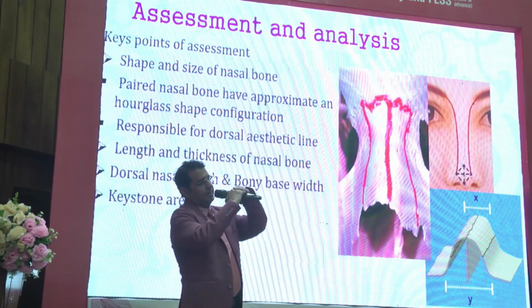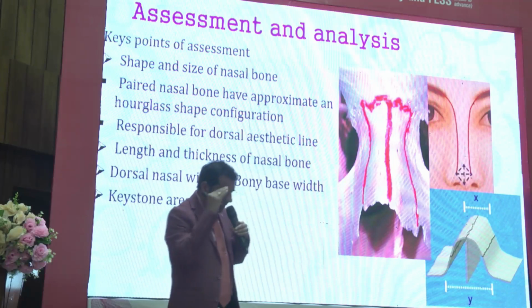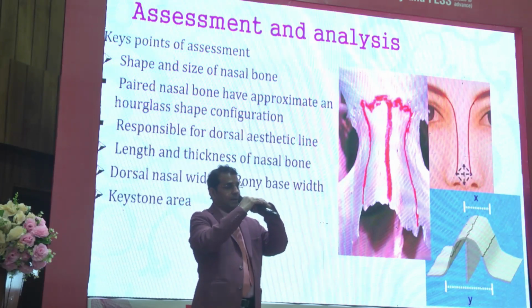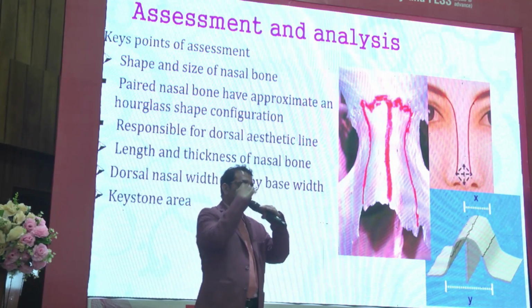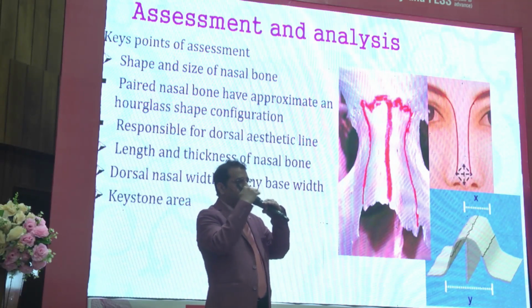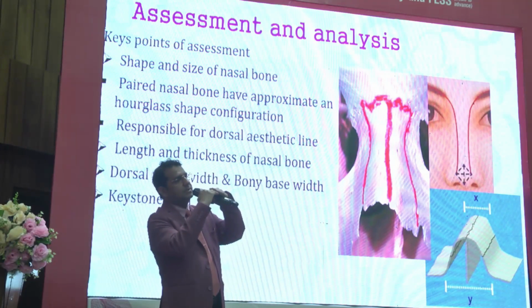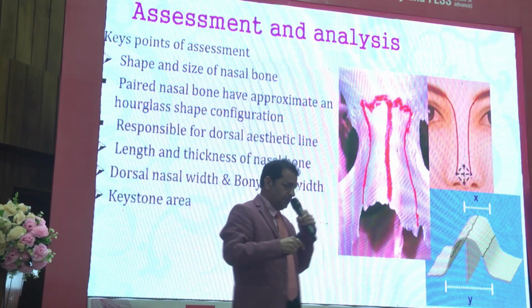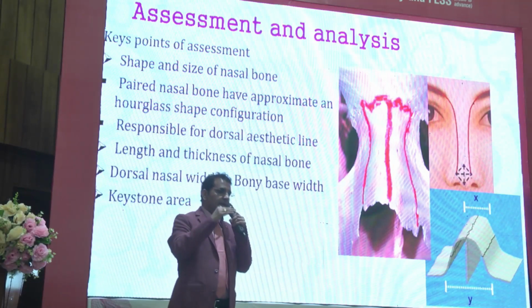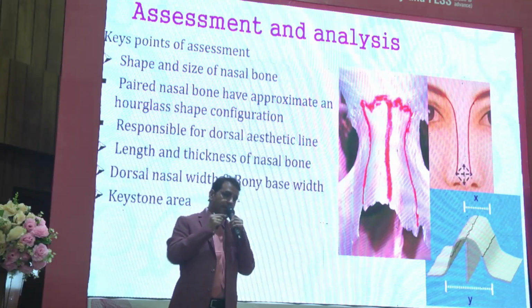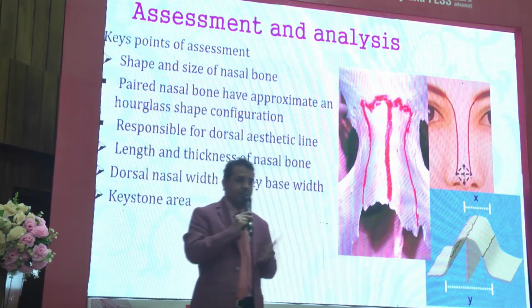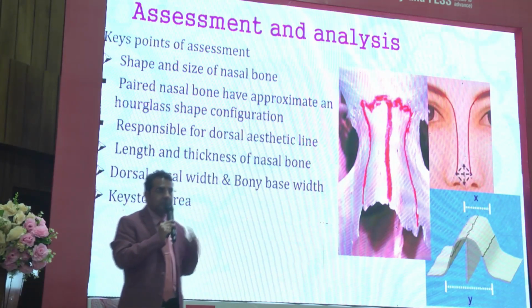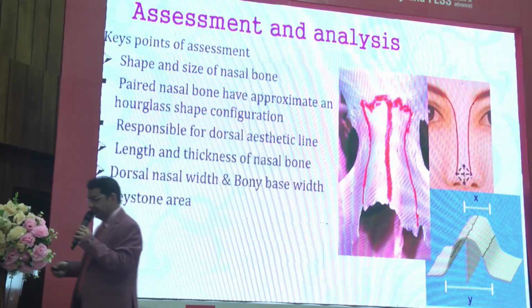This overlapping in the center of the nose is around 10 to 12 mm, but if you go laterally, this overlap is reduced. The entire upper lateral cartilage gets support from this keystone area. That's why we always say we maintain the integrity of the keystone area. If the keystone area and septum fall down, it is very difficult to reconstruct by TTC sutures, K wires and different sutures. So you have to know all these things for good osteotomies.